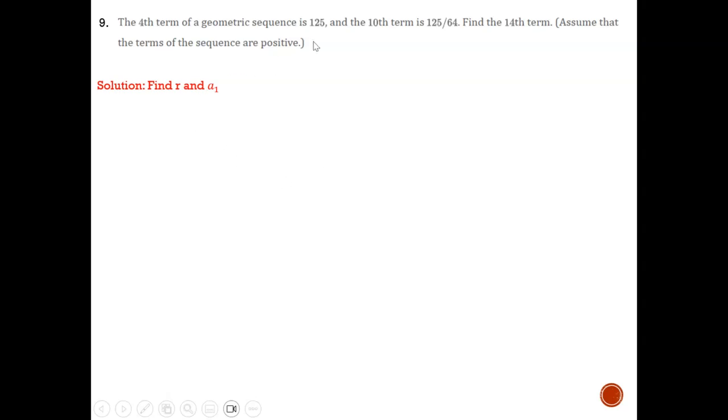Again, the ratio means division. I need to find R and A1. So A4 is 125, that's my fourth term, and my 10th term is 125 divided by 64. I'm looking for A14, the 14th term.